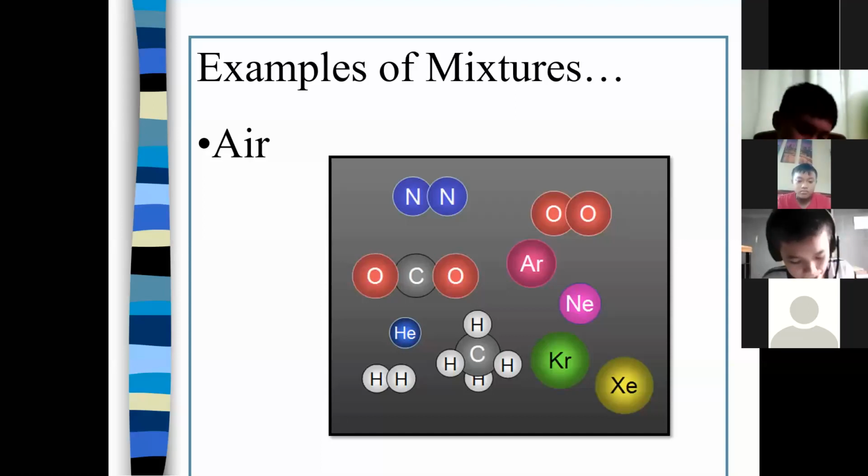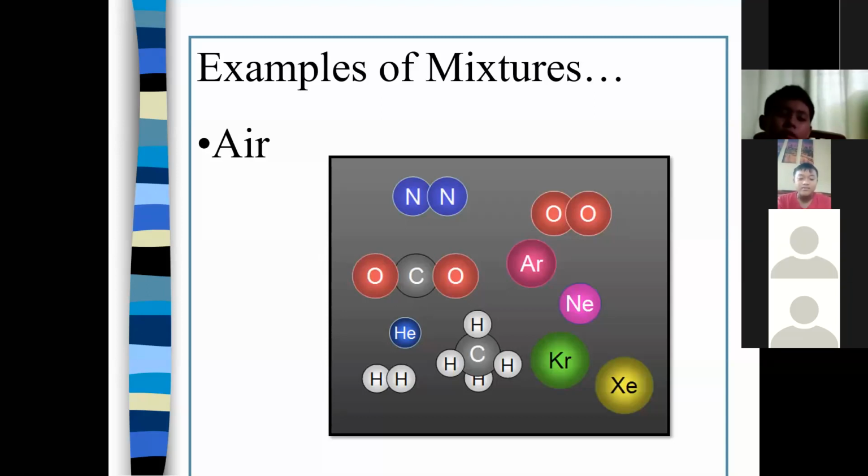By the way, what is the major component of the air that we breathe in? A, is it nitrogen? B, is it oxygen? Or C, is it carbon dioxide?